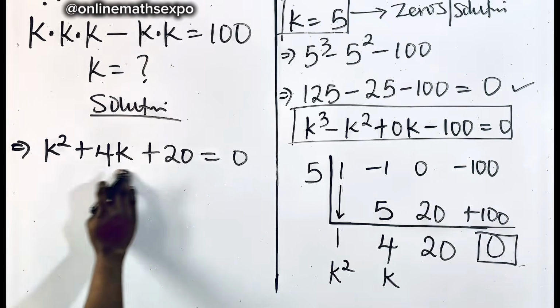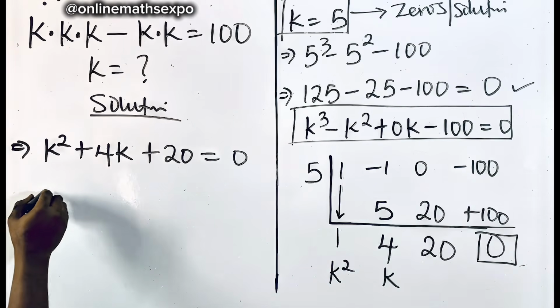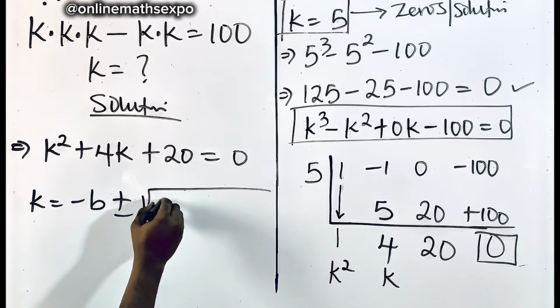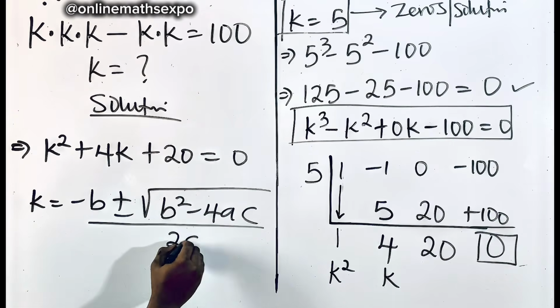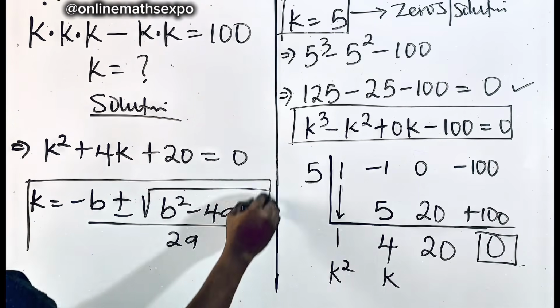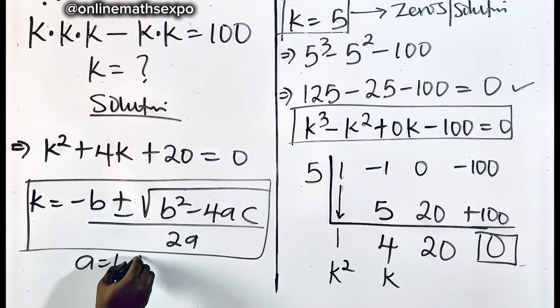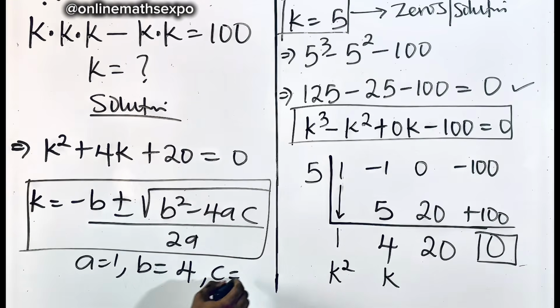So at this point, this has led to quadratic, so you can use your formula method. Remember that our k is negative b plus or minus square root of b squared minus 4ac divided by 2a. And always your a is the coefficient of your k squared, so our a is 1. Our b is the coefficient of k, which is 4, and your c is the constant term, which is 20.